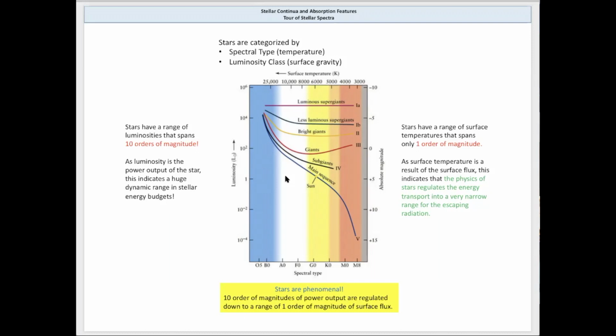It has so many little sub areas where particular things go down, particular physics. But one of the things that I think is not appreciated about the HR diagram by a lot of astronomers is this amazing range of luminosities that stars have versus the very narrow range of temperatures they have.